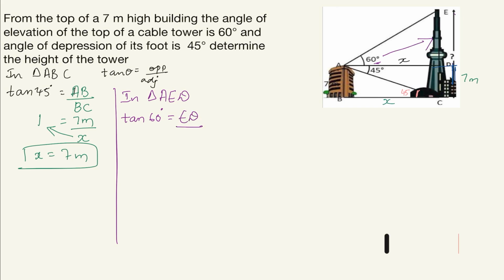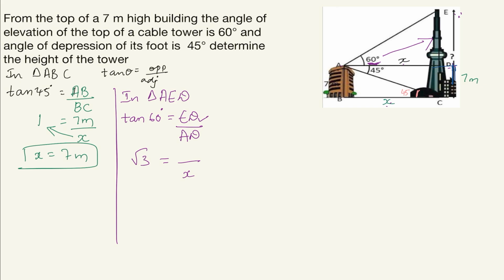It is ED divided by adjacent, which is the side adjacent to 60 degree. It is AD. From the figure, we have proved that it is equal to BC, that is nothing but x. So, in place of AD, we will be writing it as x. What is tan 60? Root 3.